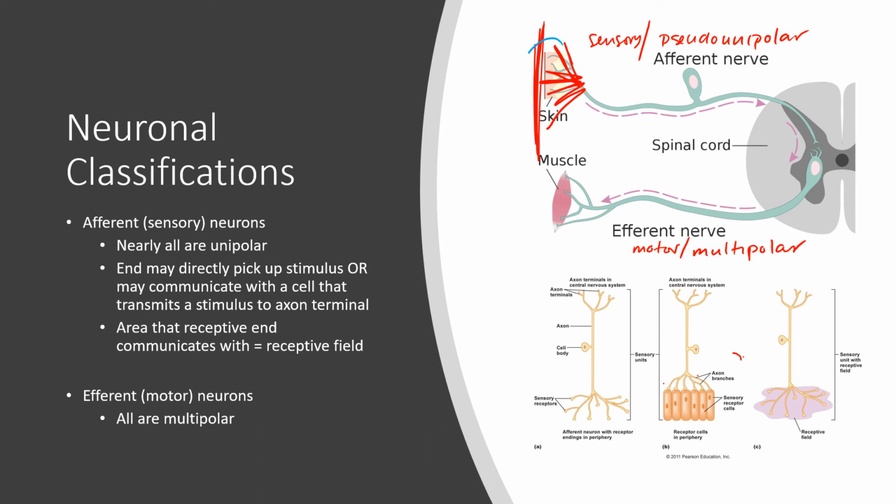This whole area that the processes cover is referred to as your receptive field. That information is transmitted down an axon to the central nervous system.